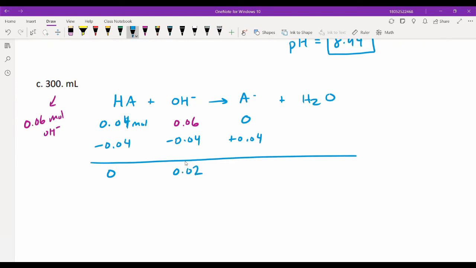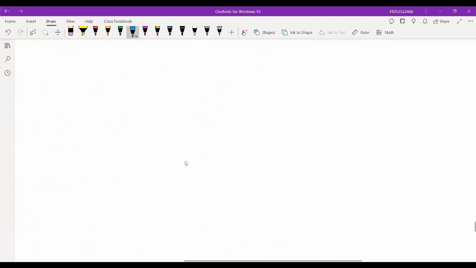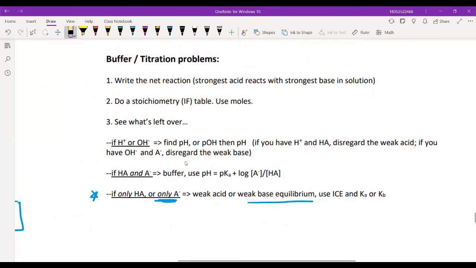And so now we end up with this scenario, right? Moles of hydroxide, moles of A minus. At first it might be a little weird: I have a strong base and I have this conjugate weak base. But this is taken care of in our little methodology, because if you have H plus or OH minus left over, that's basically how you find the pH.